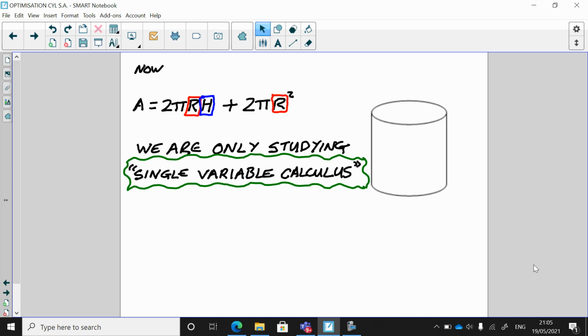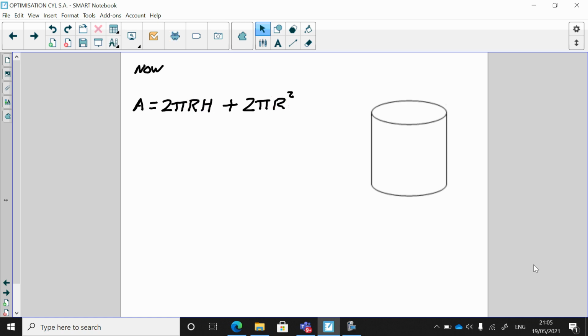Like it says here, we only deal with single variable calculus. R and h means we've got two variables, but they're connected. That's a good thing. So we can get rid of one of them and exchange it by an expression that involves only the other one. That's what we're actually going to do here.